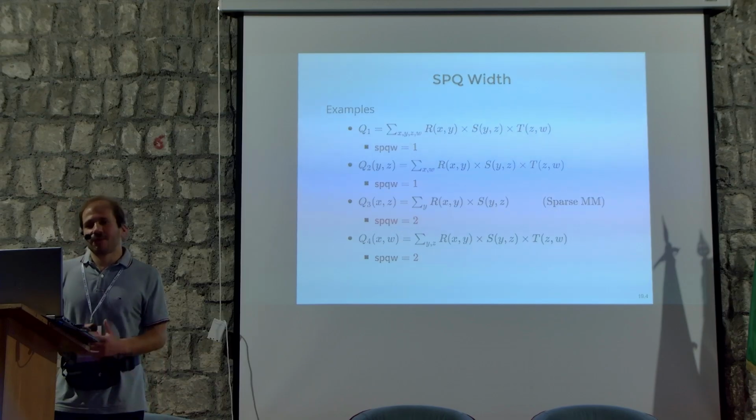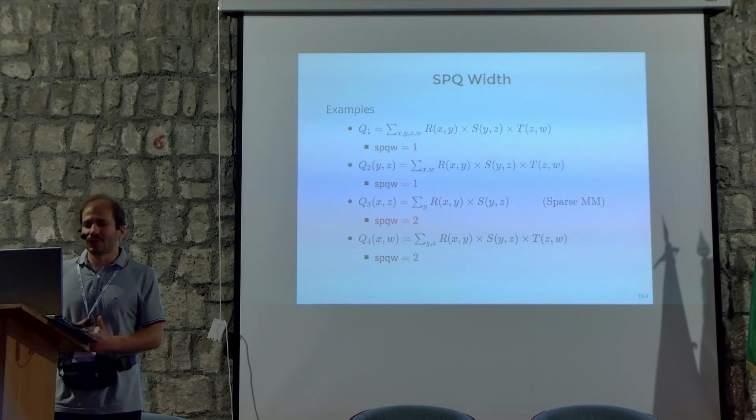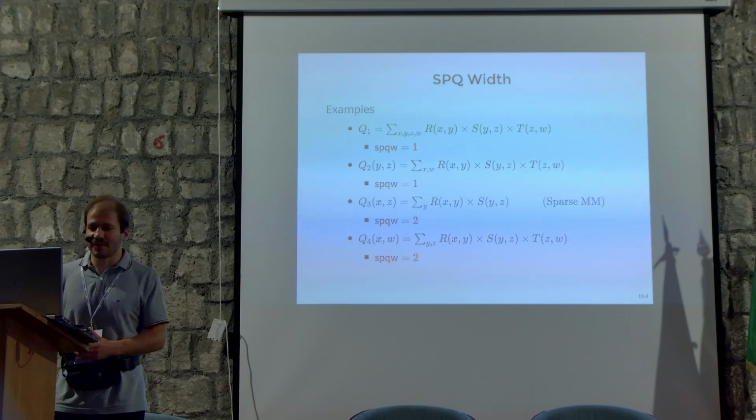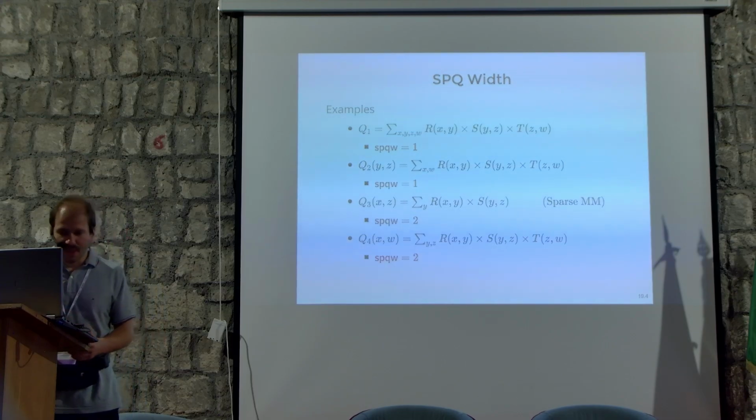And now that we have seen how to use SPQs to encode problems in different domains and how to solve them efficiently, we are ready to take a look at how we can use them to develop faster relational algorithms for machine learning.